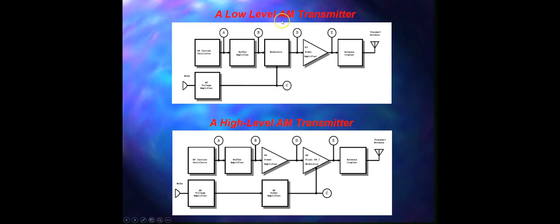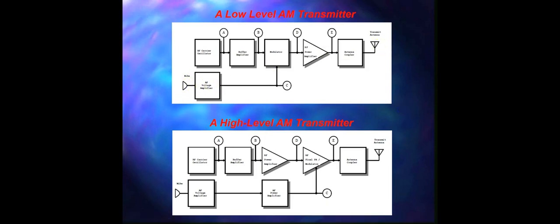In the low level AM transmitter, you see here we have an RF carrier oscillator, a buffer amplifier, then a modulator, RF power amplifier, antenna coupler, an audio frequency voltage amplifier, and a mic over here.